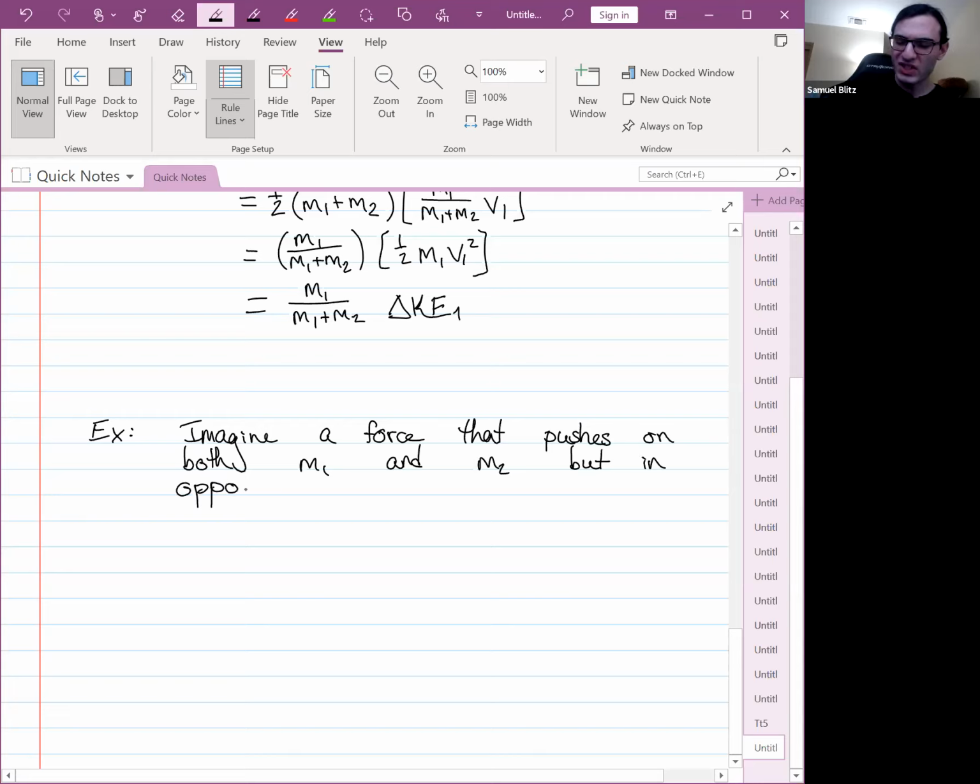And it pushes on them precisely the right amount so that the center of mass doesn't move.